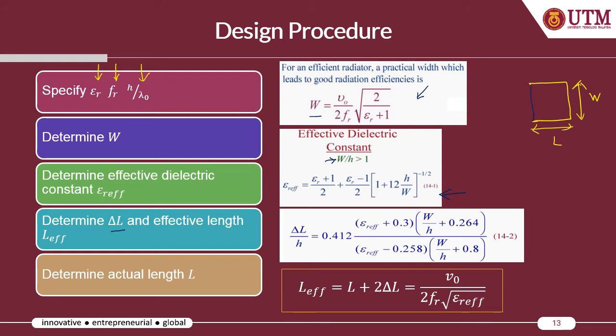All right, so this is your antenna, the actual L. Due to the fringing effect, the antenna appears longer, so the electrical length appears longer on both sides.